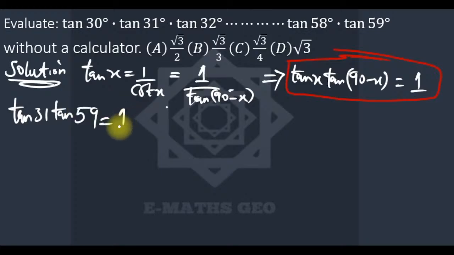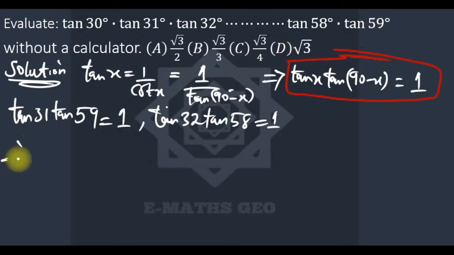What do you have? It is 1, because 59 is the same thing as 90 minus 31. Are you seeing it? And if you look at tan 32 times tan 58, you still get 1. So automatically, from 31 to 59, the product is 1.